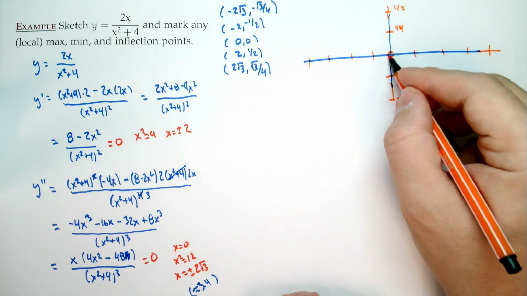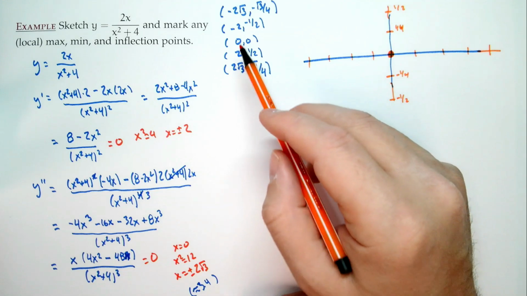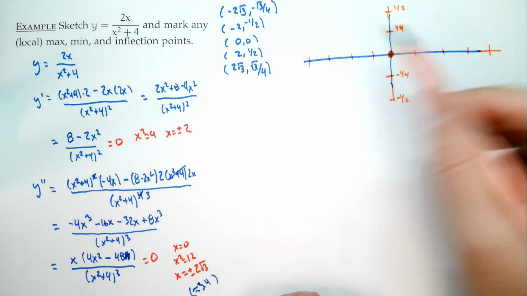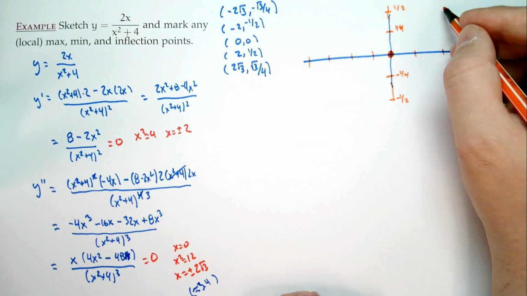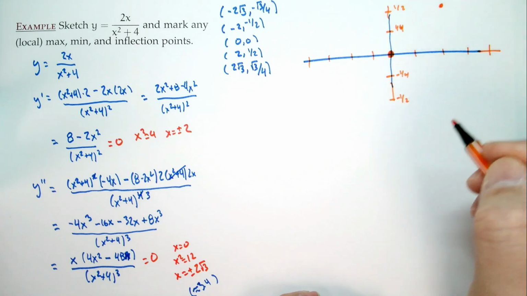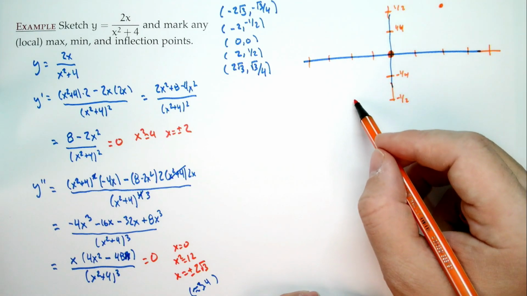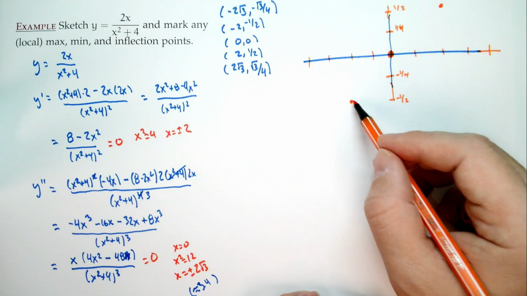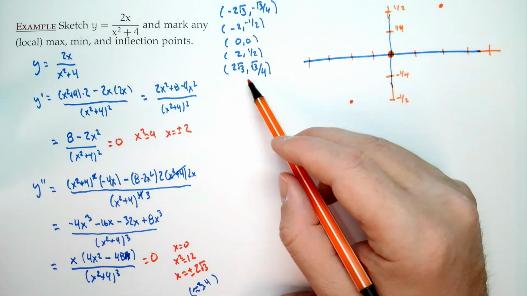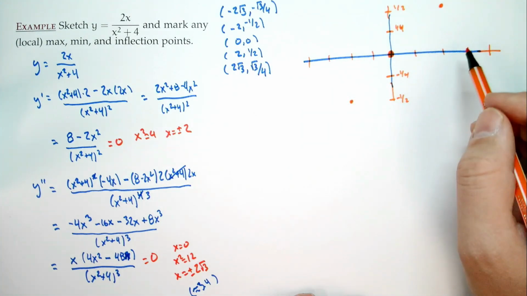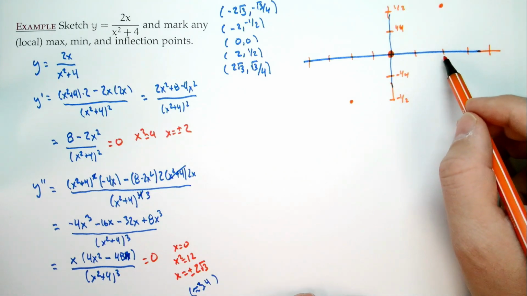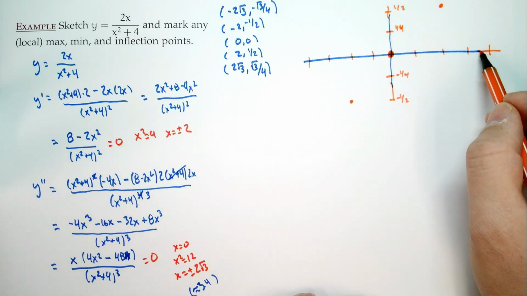So we get the 0, 0. Then we have 2, 1/2, so that would be here. And of course, negative 2, negative 1/2 will be over here. 2 root 3, again, that's about 3.5, give or take, so 3.5 would be about here.